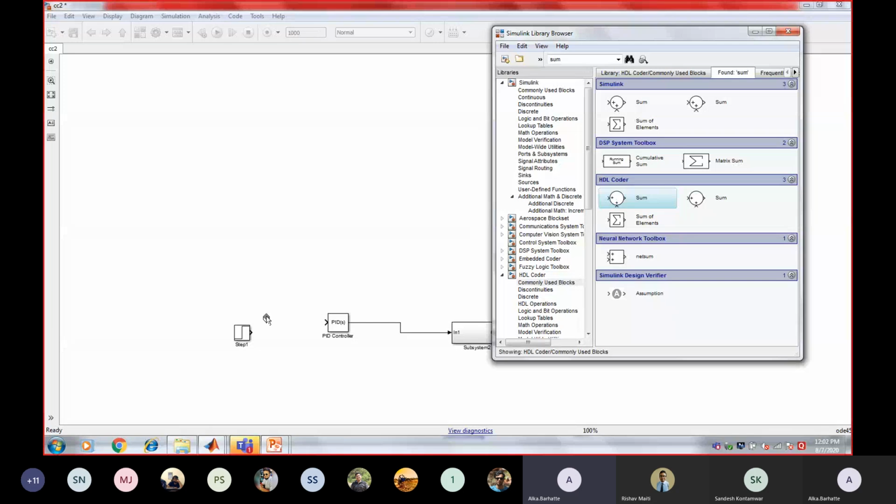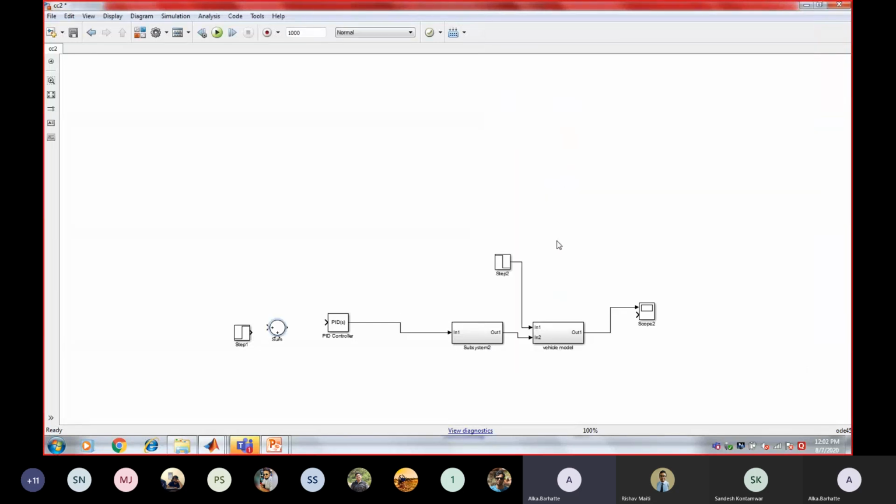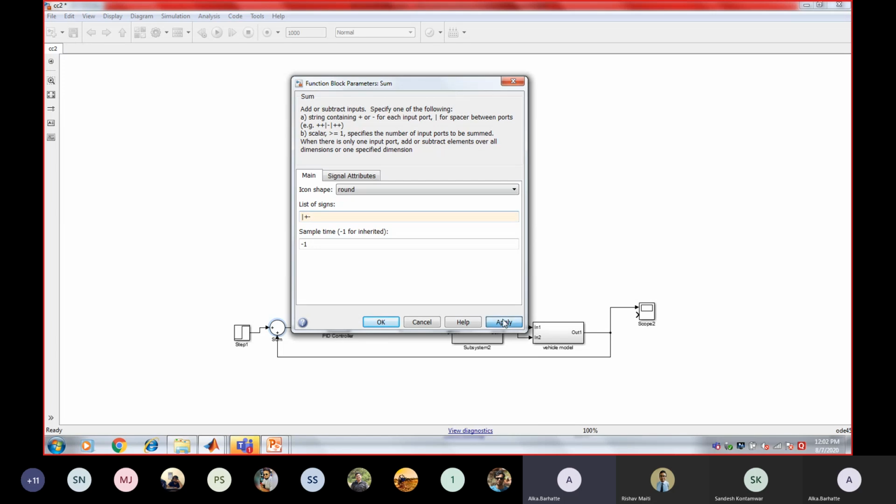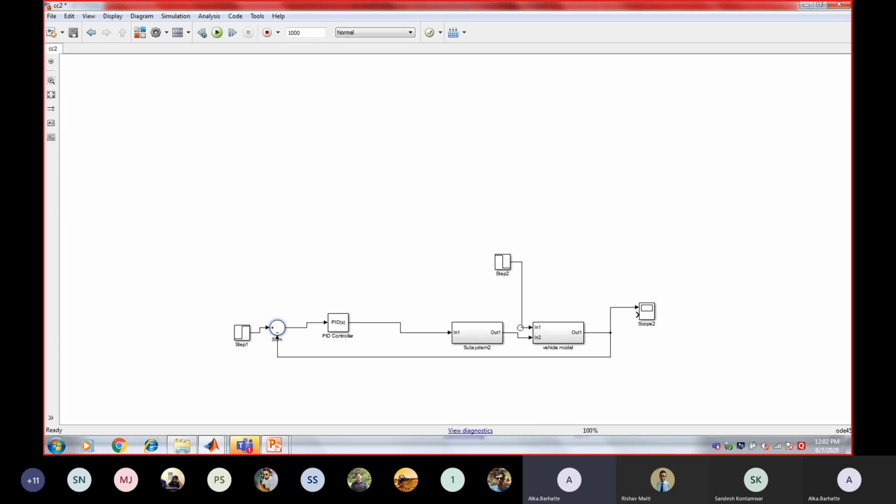This is the block that we have obtained. The input is the expected reference one, the second input is the output, and this is connected to your PID controller, and here we need to change that sign from plus to minus. Okay, apply.